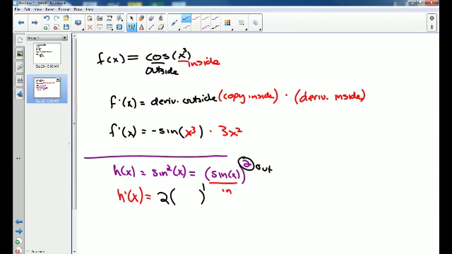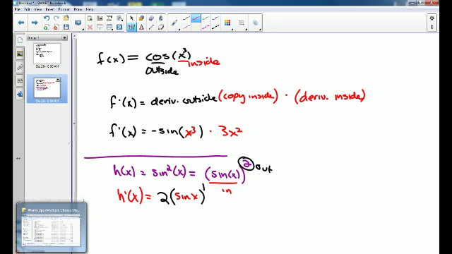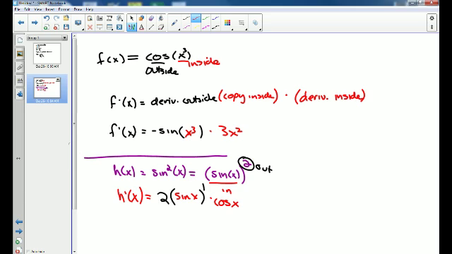So I've got my power rule derivative and I'm copying the inside. And then what's next? Derivative of the inside, which is. So be careful with those trig functions, they're exponents because of the way they're written. Whenever a trig function has an exponent, it's the outside? Yes.